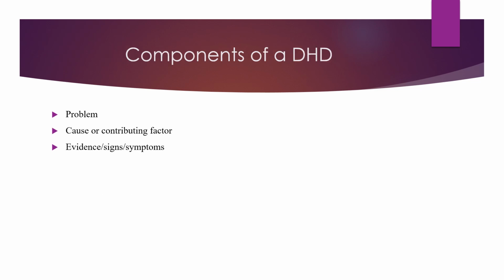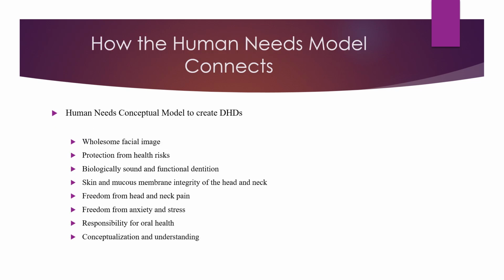So when it comes to the DHD, there are components that we need to be familiar with. We need to identify the problem or the cause or the contributing factor, and then we have to identify the evidence and the signs and symptoms. There are 8 human needs that we need to recognize in order for us to put a DHD together.